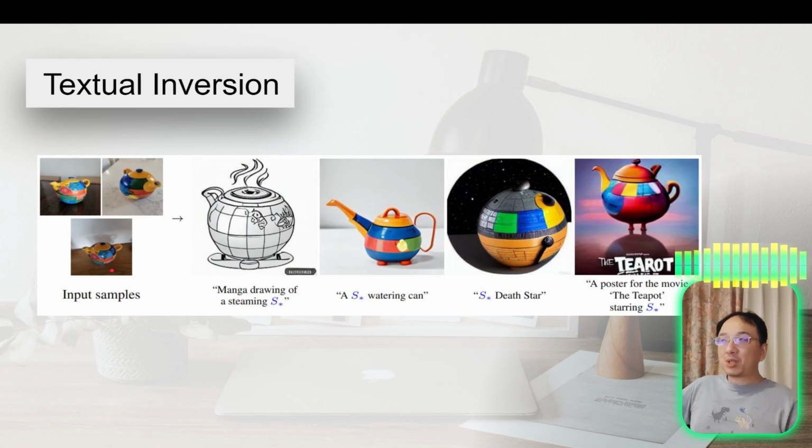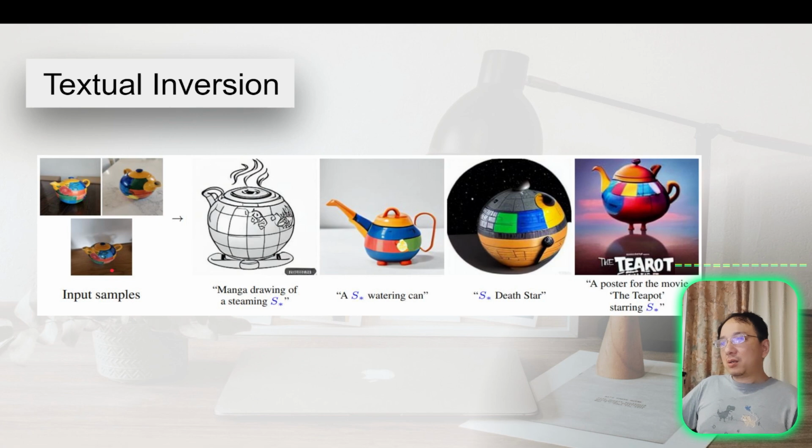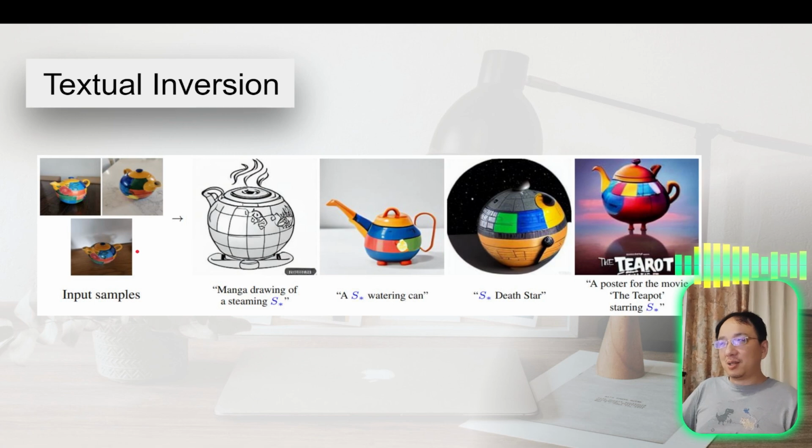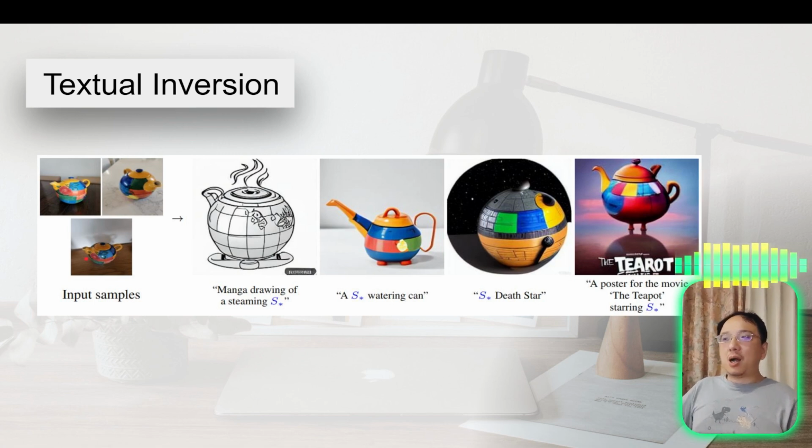We'll have a template. So each image is paired with several text sentences. And each one contains the S star, describing this object as S star.